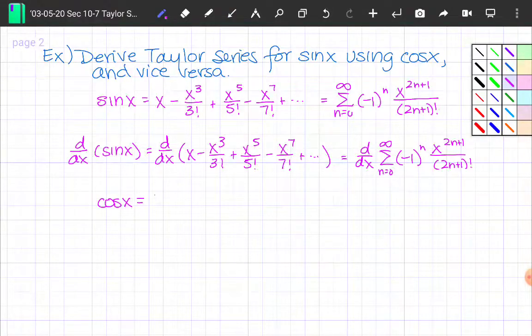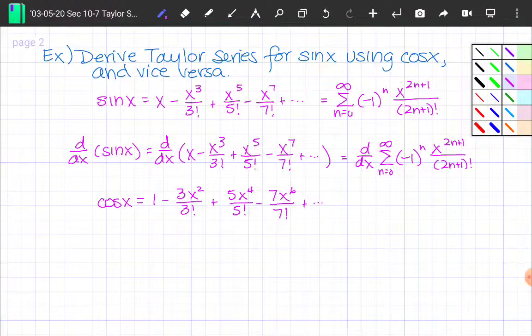So the derivative of x is 1. The derivative of this x cubed over 3 factorial is going to be 3x squared over 3 factorial. And then I'll have plus 5x to the 4th over 5 factorial minus 7x to the 6th over 7 factorial plus and so on.